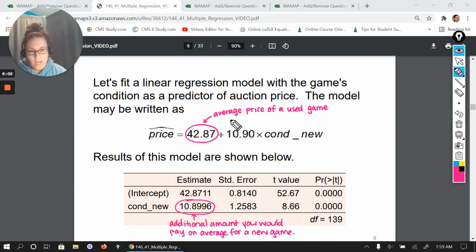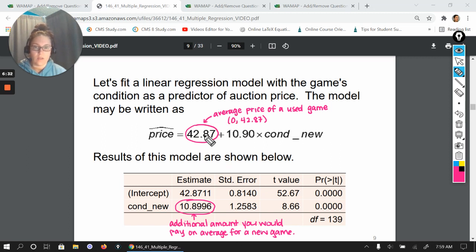Up here I'll add another little detail. The reason why we know that 42.87 is the average price of a used game is that this is the y-intercept. If the condition new is at a 0, that means that it's used. So this number would have to be a 1 in order for this price to be the price of a new game.